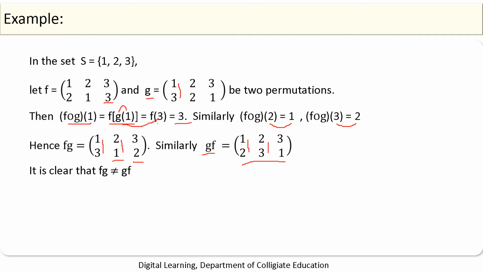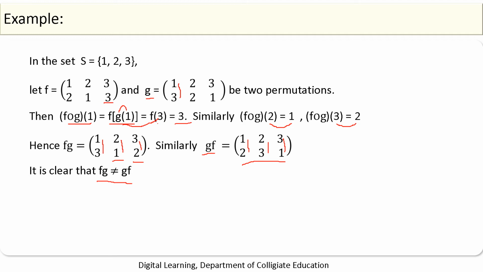Again in FG, 3 is mapped onto 2, whereas in GF, 3 is mapped onto 1. So when you look at the mappings of the products FG and GF, the images are totally different. Therefore, FG is different from GF. Hence, you can say that FG is not equal to GF.